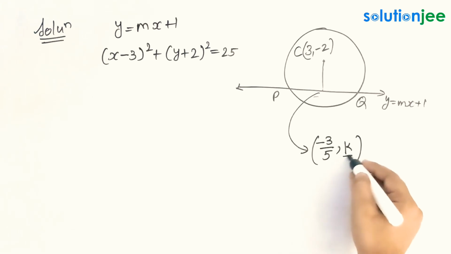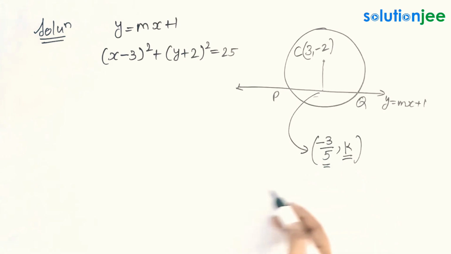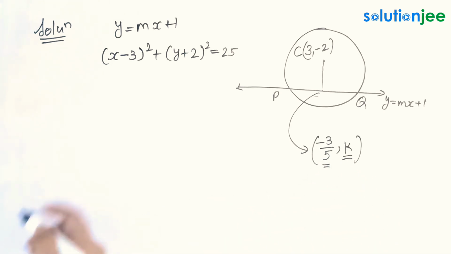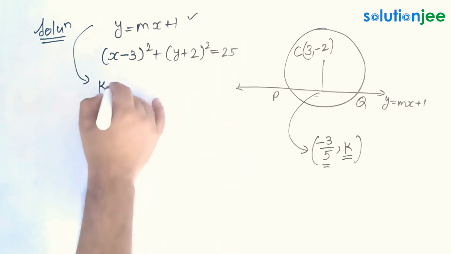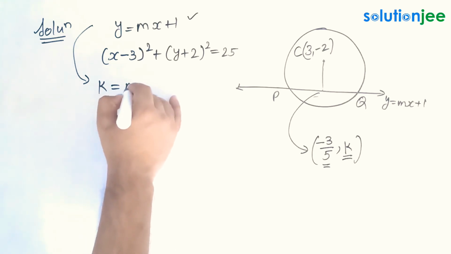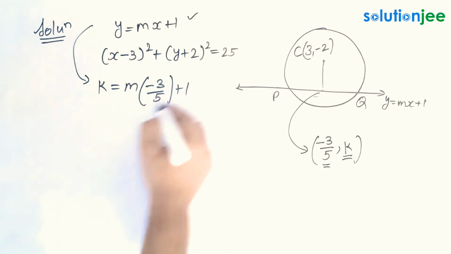Now to find the value of k, I am going to put the x coordinate of the midpoint in this line. So from here we can see that k will be equal to m times minus 3 by 5 plus 1.